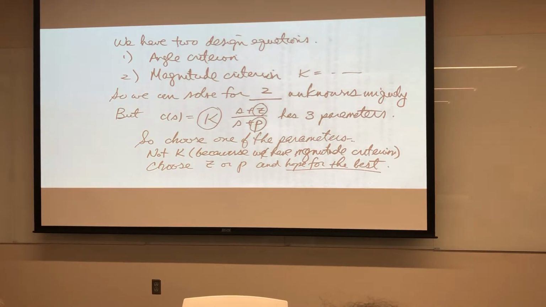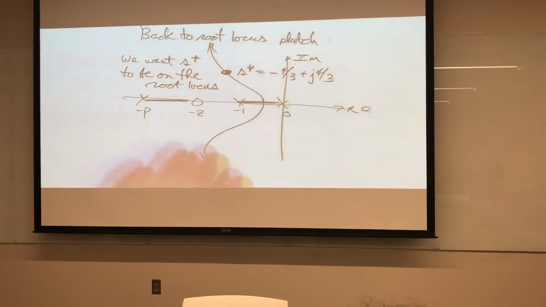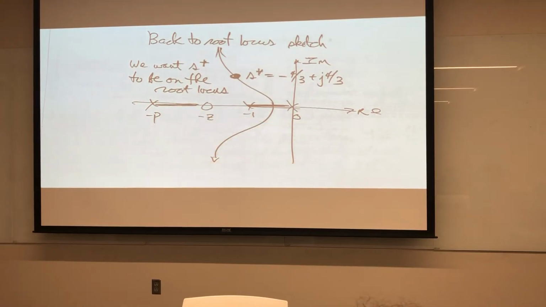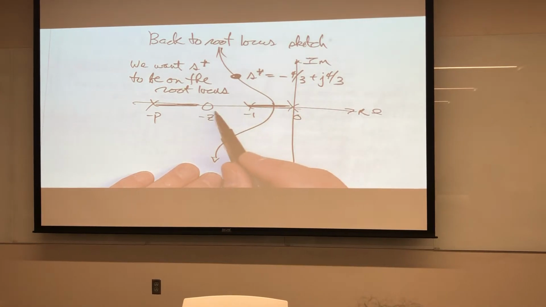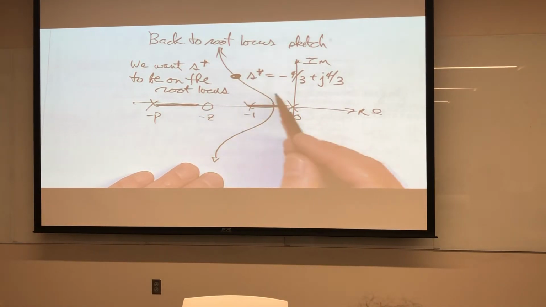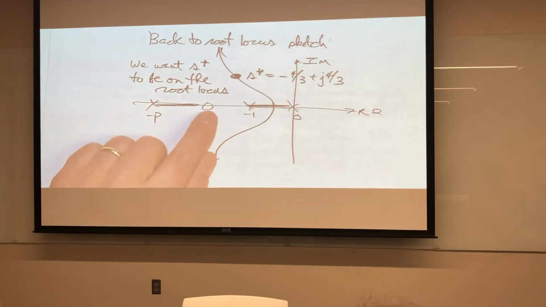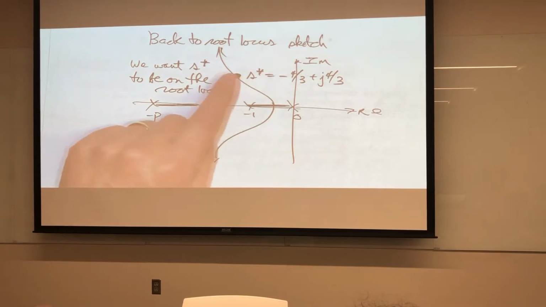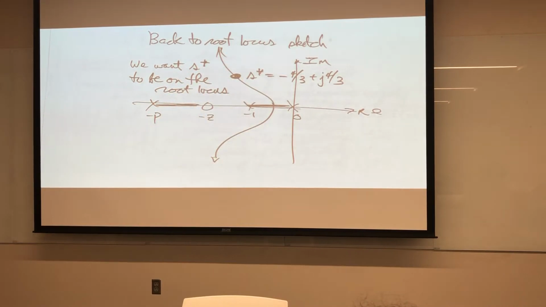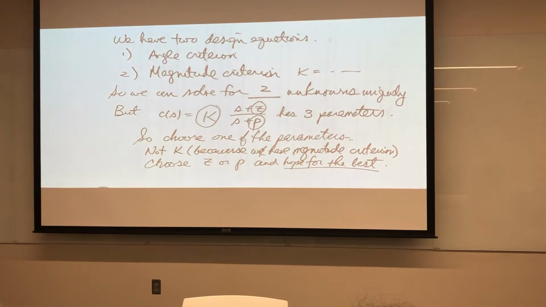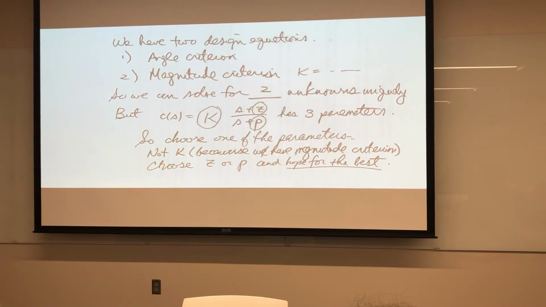It is possible to choose a parameter unwisely. For example, I don't know what z and p are, somewhere out here. But we could make a poor choice, and then the root locus may not go through this point. It may not be possible to find a combination of z and p that moves this way. Hope for the best. If it doesn't work out, we may have to make a different choice.